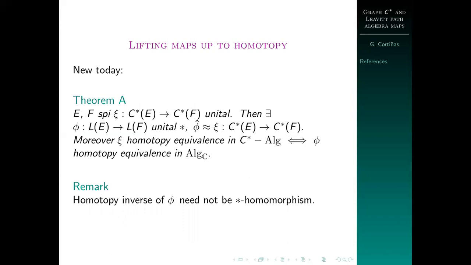Okay, so whenever there's a theorem A, there must be a theorem B, and that is the case here also. And this theorem B is used to prove theorem A. So let me talk about this in the next slide, which concerns bivariant K theory, both algebraic and C-star algebraic.